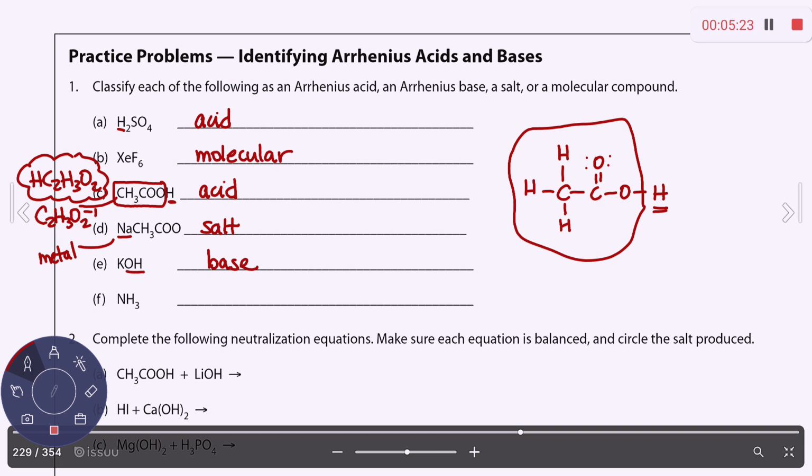And then F. According to the Arrhenius definition of acids and bases, NH3 would be a molecular compound. Now, this is actually a weak base. Okay? That's why I'm going to have to introduce a second definition for acids and bases, which is sort of broader. And I'll do that after we do number 2.